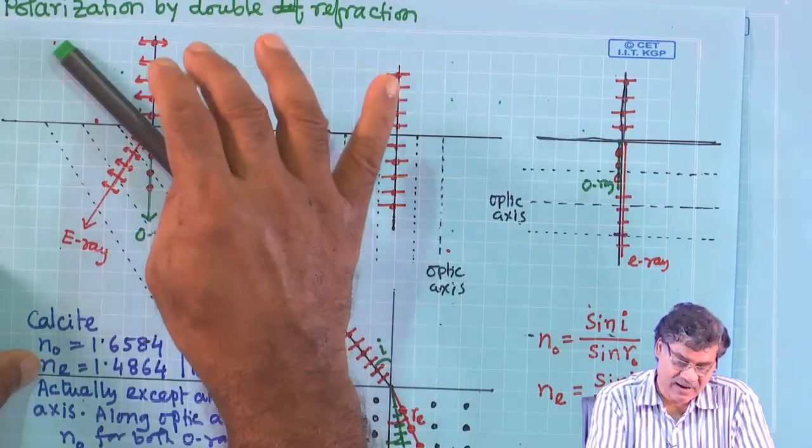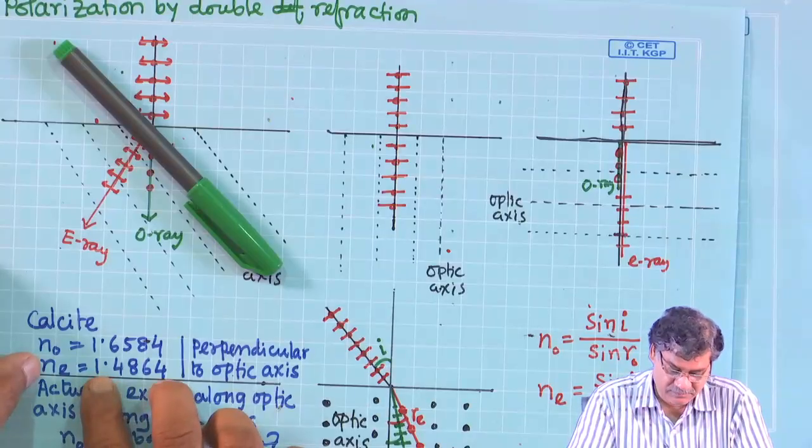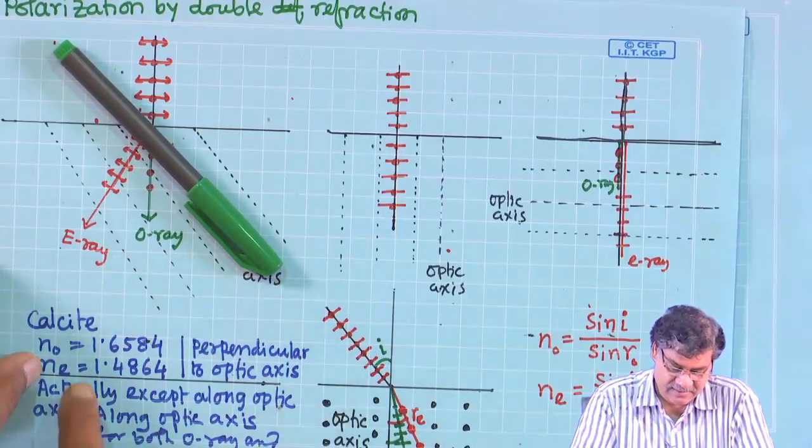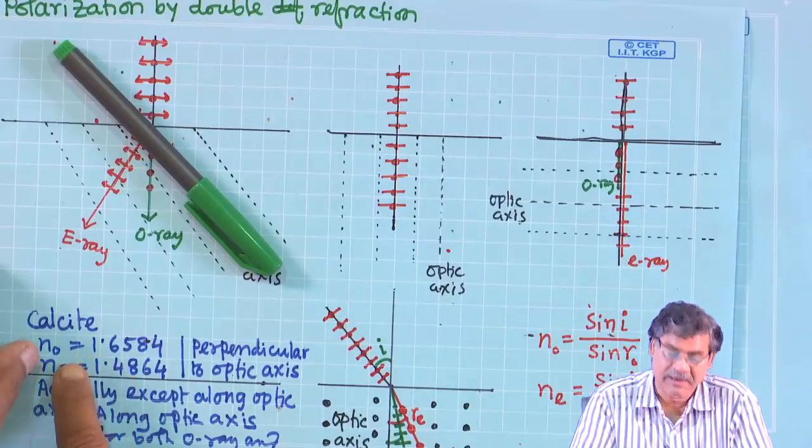Now the refractive index is smaller in this crystal than for the ordinary ray.